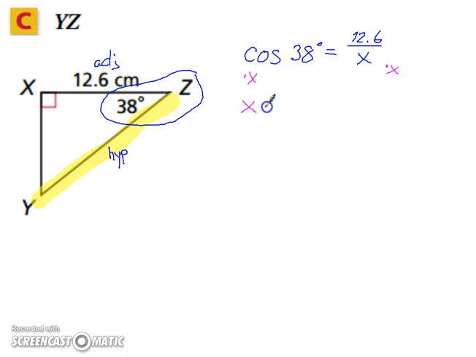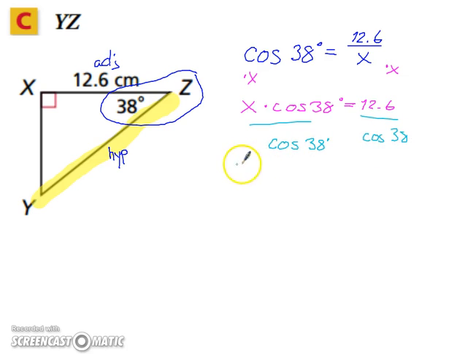Now we have x times the cosine of 38 degrees equals 12.6, and now we can feasibly get x by itself. So we're going to divide both sides of our equation by the cosine of 38 degrees. Now we're left with x is about equal to 15.99, and our units are centimeters.